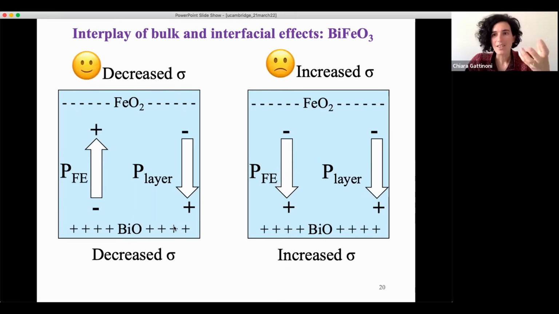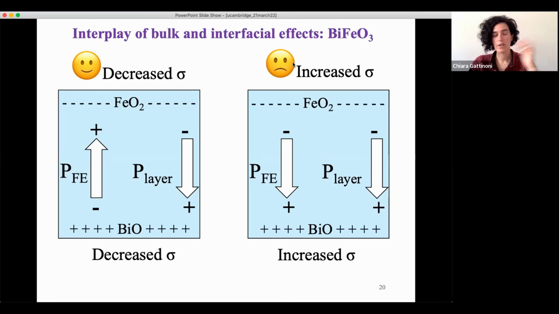So if we add to this layer polarization a ferroelectric polarization, we can do one of 2 things. Either have the 2 in opposite direction, so the overall surface charge is decreased, or in the same direction and the overall surface charge is increased.